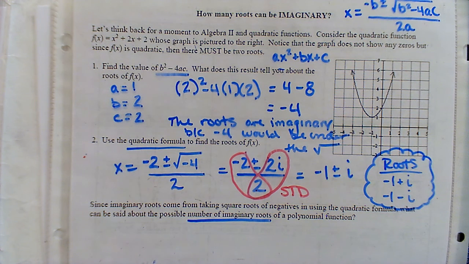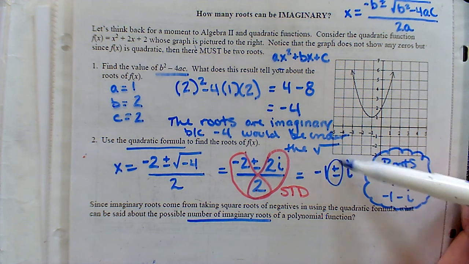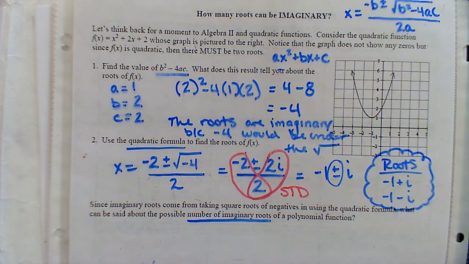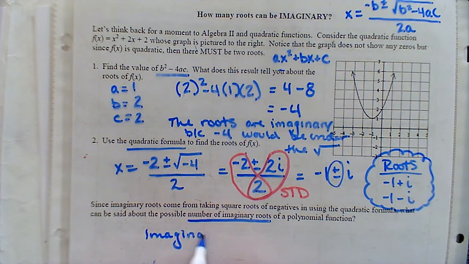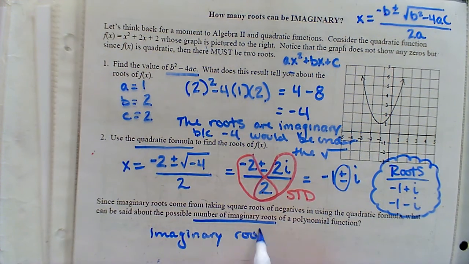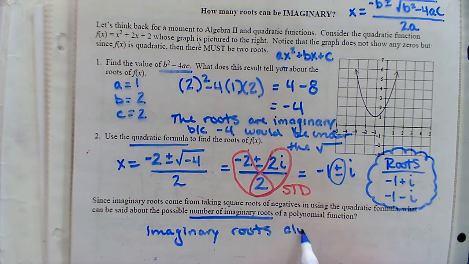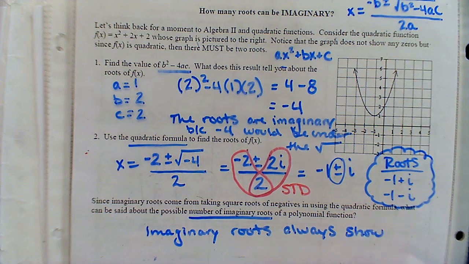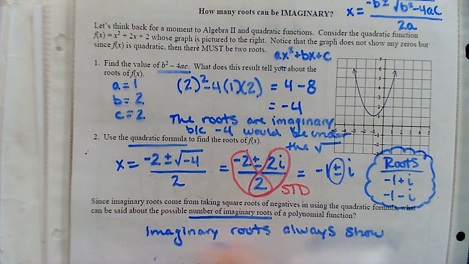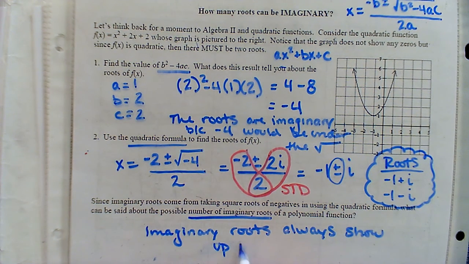You're always going to have some even amount because of that plus or minus in the quadratic formula. So we're going to say imaginary roots always show up in pairs, kind of like a buddy system. You always have an even amount.